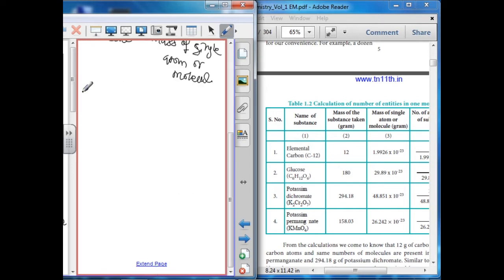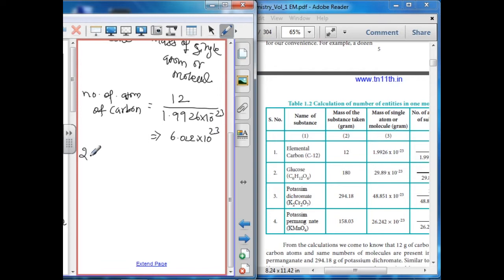So number of atoms of carbon equals mass 12 gram divided by mass of a single atom, 1.9926 into 10 power minus 23. So the number of atoms in 12 gram of carbon 12 isotope is 6.022 into 10 power 23.